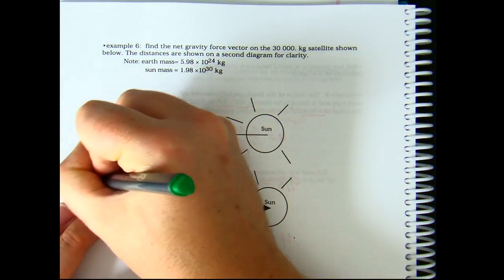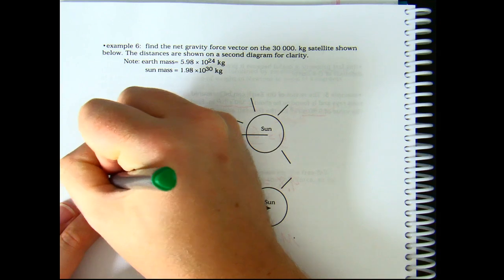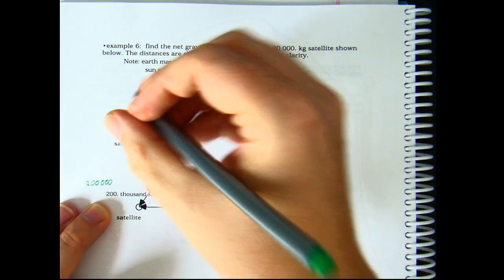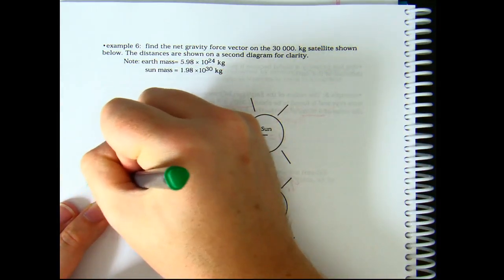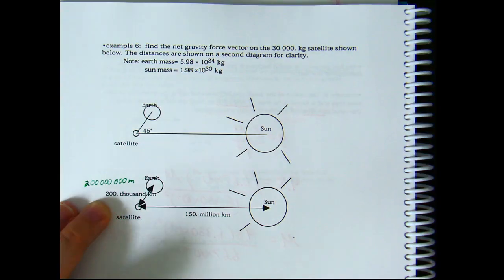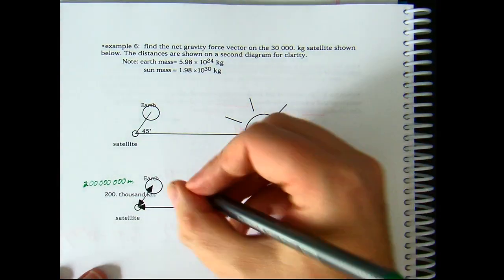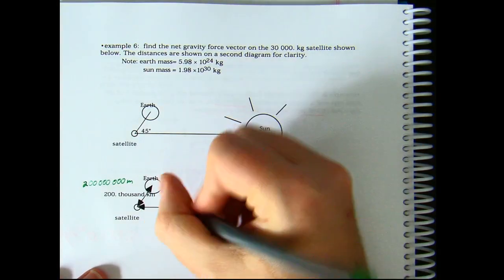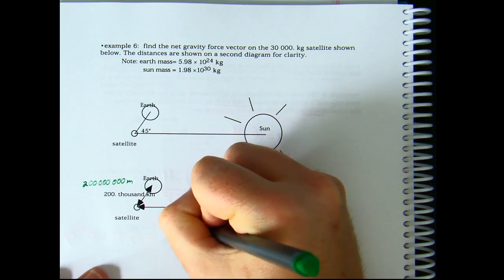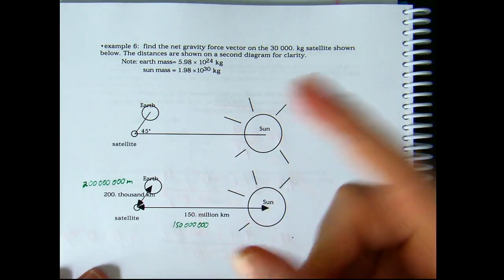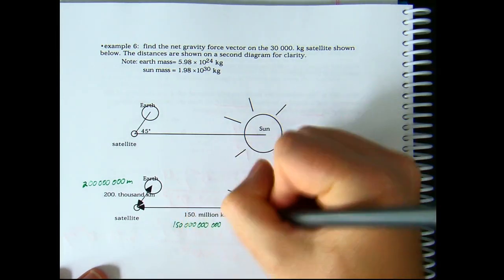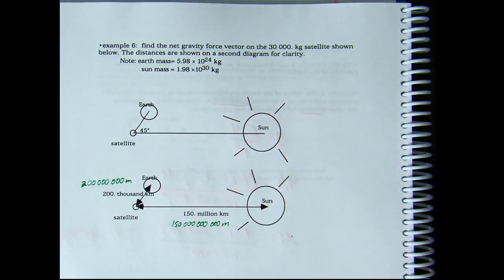So we're going to have 200,000, and then we add 3 more zeros to put that into meters. So that's that distance there. And then this distance here is 150 million kilometers. So we're going to add 6 zeros, and then 3 more zeros to put that into meters. So there should be 10 zeros there. Good.